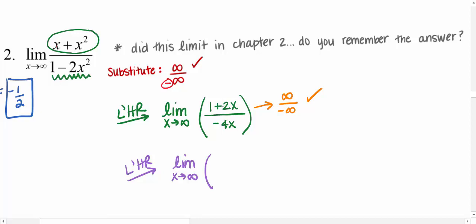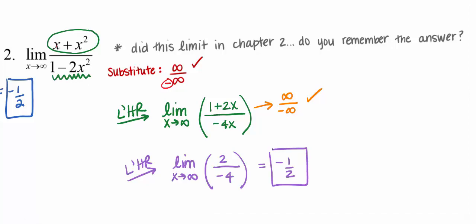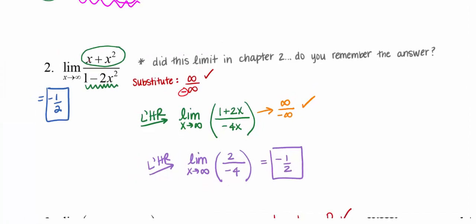So the derivative of my numerator is 2. And the derivative of my denominator is negative 4. I certainly cannot use L'Hopital's rule anymore because I don't have an indeterminate form. I know what 2 over negative 4 is. It's negative half, no matter what x is. And so I knew negative half from the beginning, but now I just sort of, I'll call it proved it, using L'Hopital's rule.